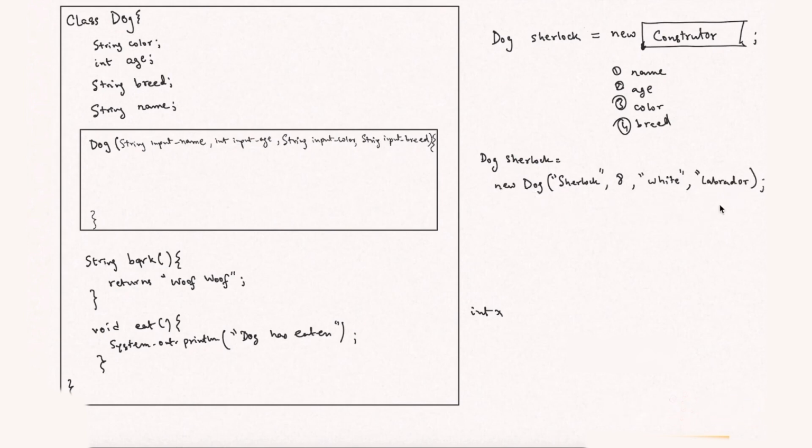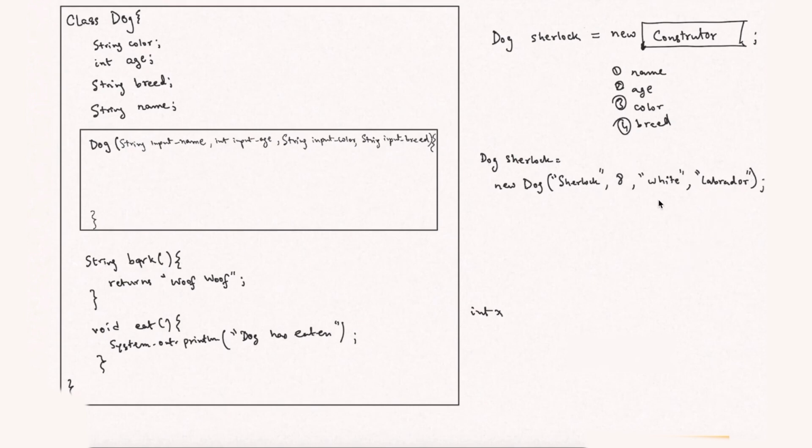So when we write this statement, a Dog object will be created, and that Dog object's reference would be Sherlock. That Dog object would have a name attribute named Sherlock. It will have an age attribute 8. It would have a color attribute of white, and it will have a breed of Labrador.